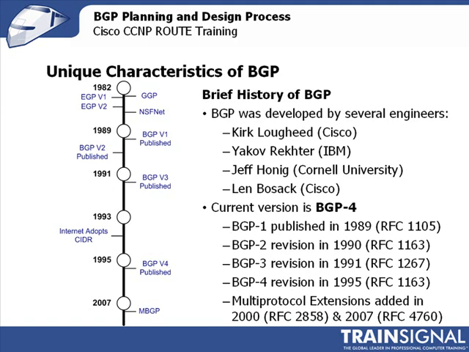Just 1 year later, BGP version 2 came out, RFC 1163, then version 3, and finally, the last version of BGP itself came out in 1995 with RFC 1771. Something that was added to BGP4 was what's called multi-protocol extensions. That was in the year 2000, and it was RFC 2858 and 4760 in 2007, respectively. It's sometimes referred to as MBGP.